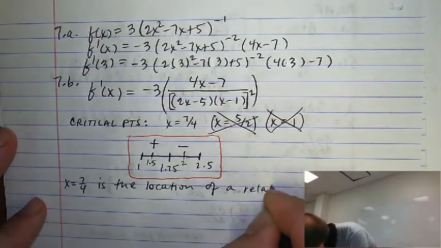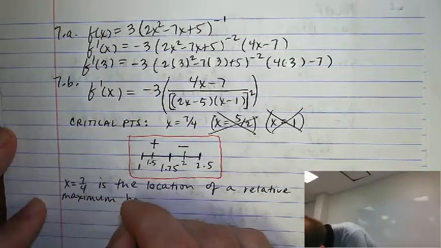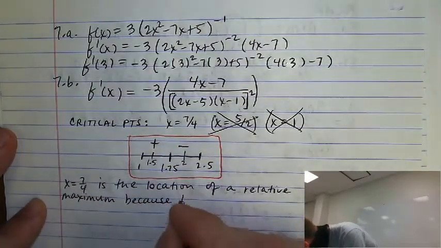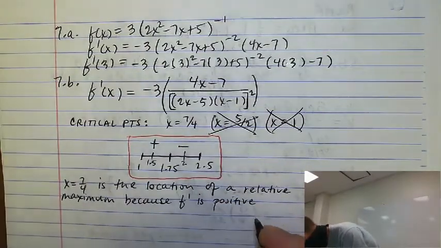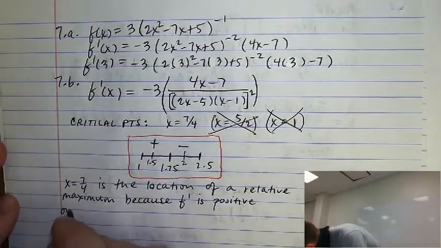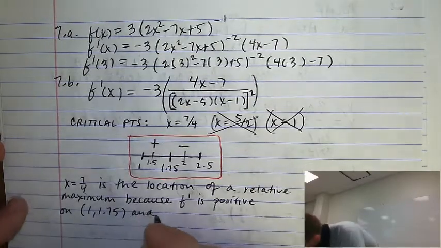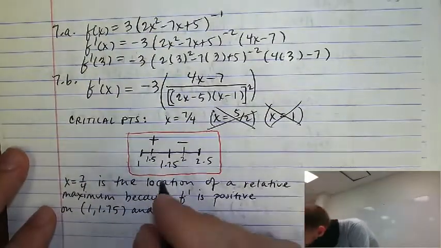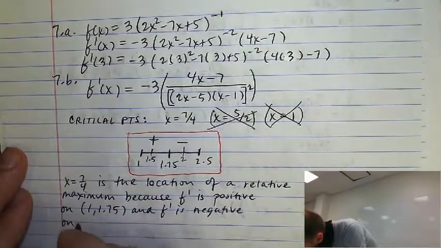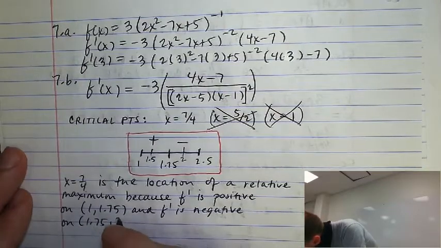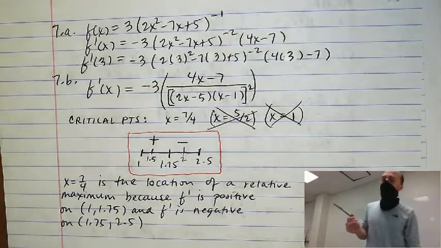Relative maximum, because f prime is positive on 1 to 1.75, and they know that 7/4 is 1.75, and f prime is negative on 1.75 to 2.5.